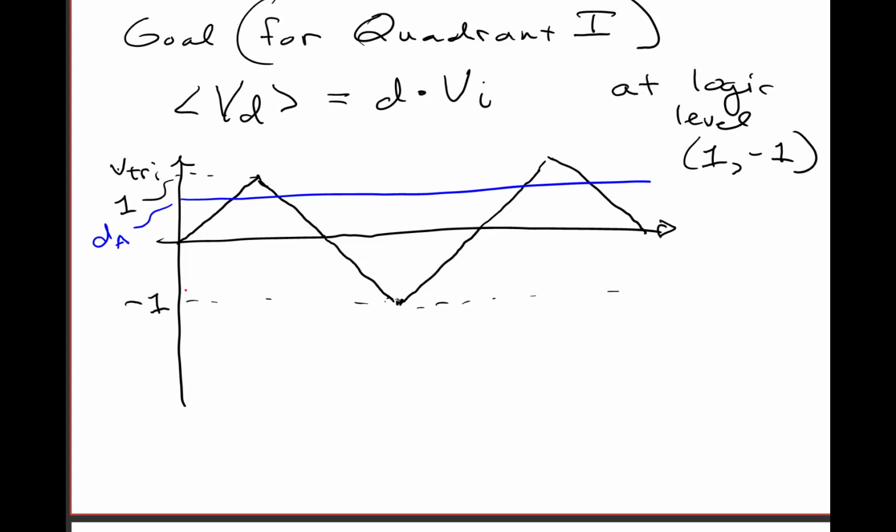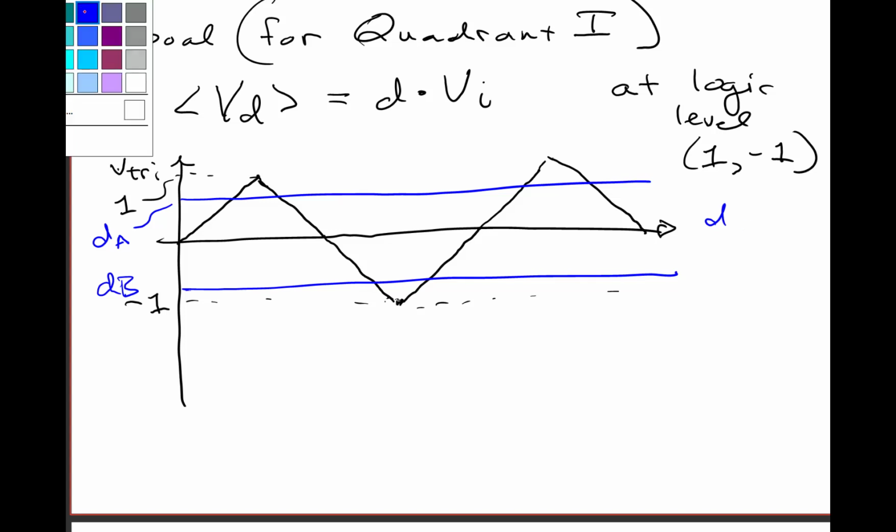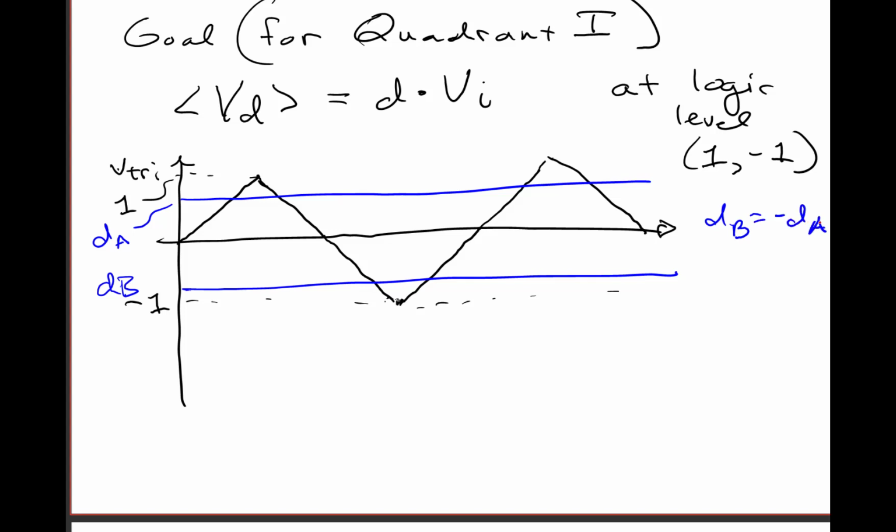There's also going to be a duty cycle applied to the phase B leg, D sub B. It's going to look like this. So D sub B is equal to the negative of D sub A. And I'm going to compare these two together.